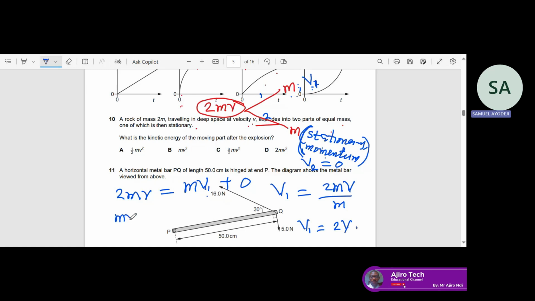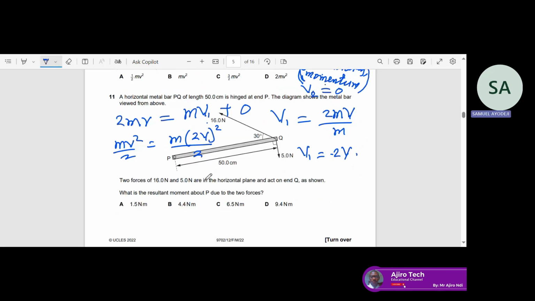That's mv squared over 2. M is mass, v is 2v, so m(2v) squared over 2. Do the mathematics: that will give me 4mv squared over 2, which is 2mv squared.